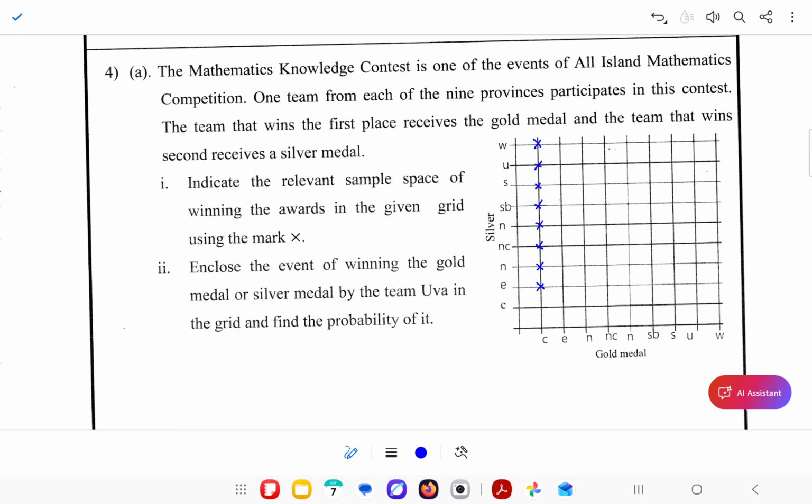So those cases. Then for the eastern one, you mark it like that. Then N, because one team can't win both silver and gold, so CC, EE, NN you leave open, others put the cross.